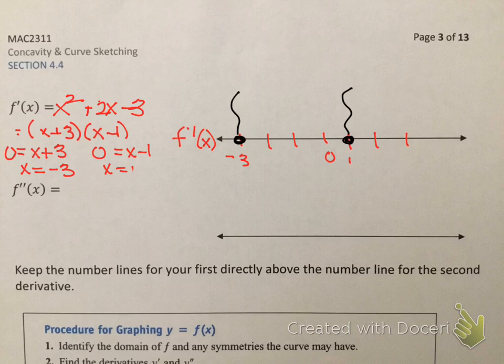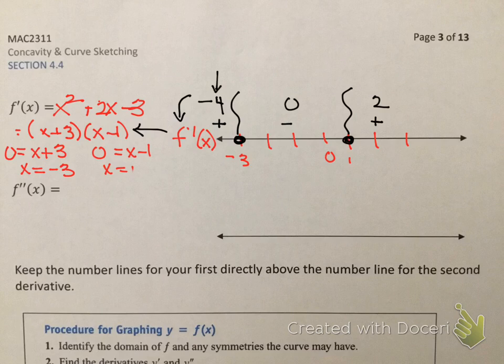Again, refreshing your memory from what you did before, we need to do test points within these regions. I plug those into my first derivative in the factored form. All I'm looking for is what kind of sign I get out. I'll get out a positive here, a negative here, and a positive here. Let's do one of these just to help you.